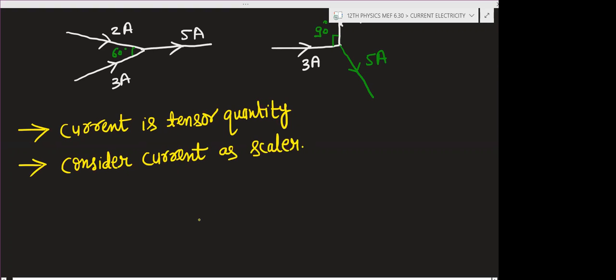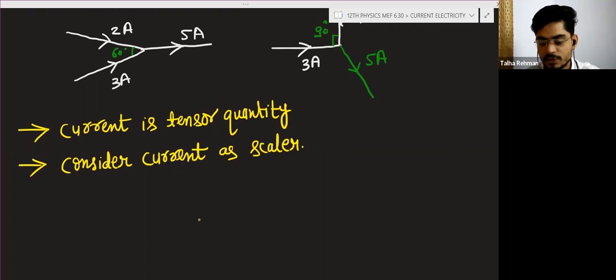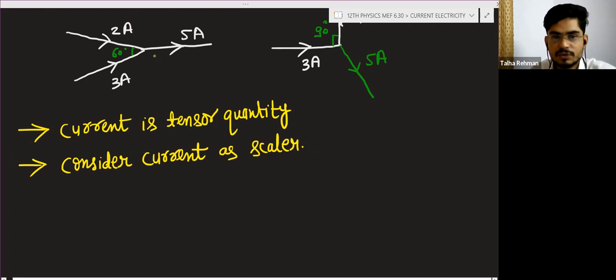But sir, if current is a tensor quantity, how can it be scalar then? Okay, you are right, Matthew, but I am not saying that current is a scalar quantity. I am saying that you should consider current as a scalar because there are questions like this where, if you consider current a vector, how will you solve these questions?